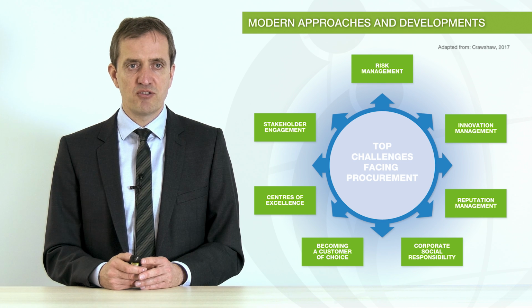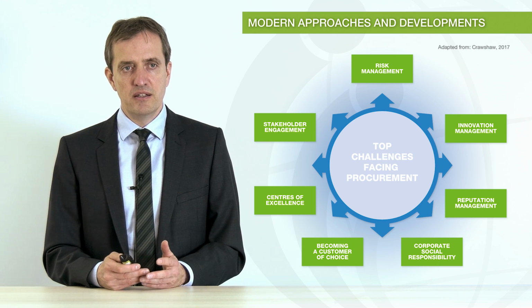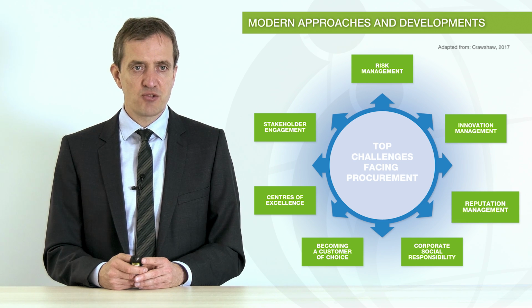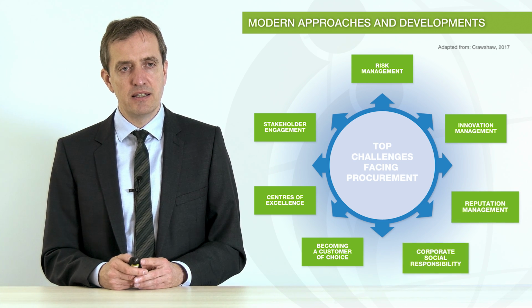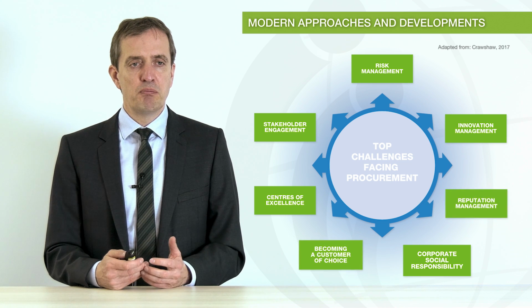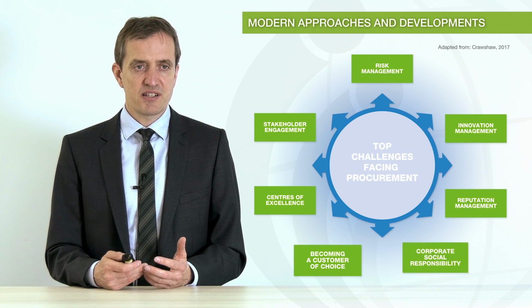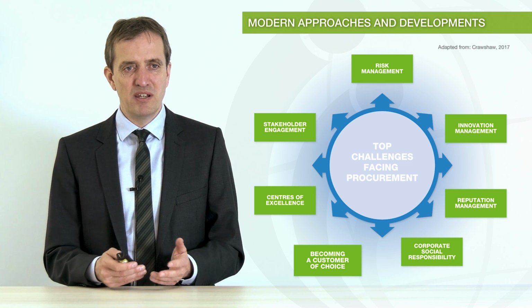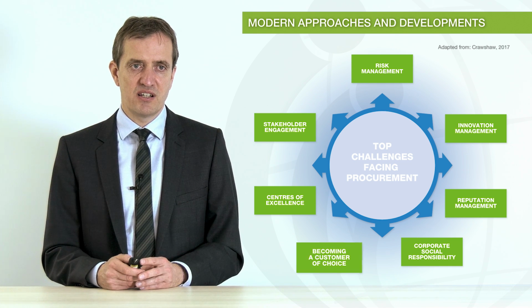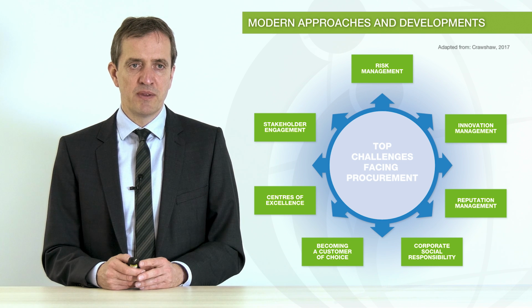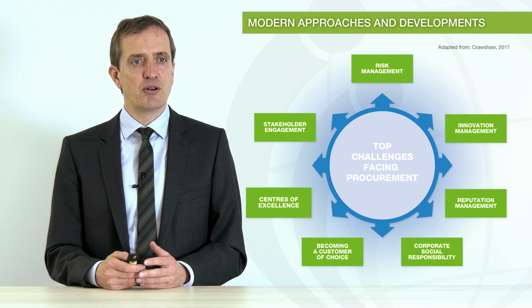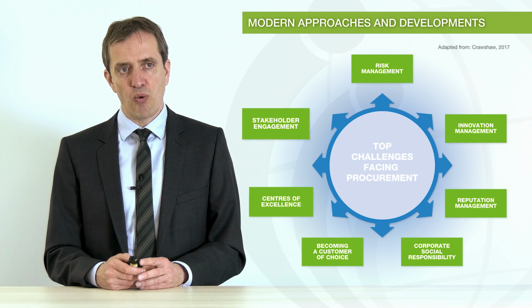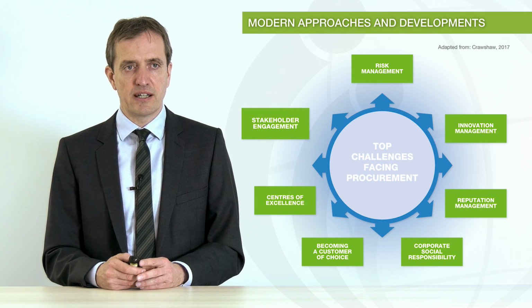But we also have to take into account the increased need to take care for reputation management, corporate social responsibility, and to become a customer of choice, not only for the end customers of a company, but in our PSM case, for the suppliers. Procurement should be willing to become a center of excellence within the company and should be also engaged more than in the past in stakeholder engagement.